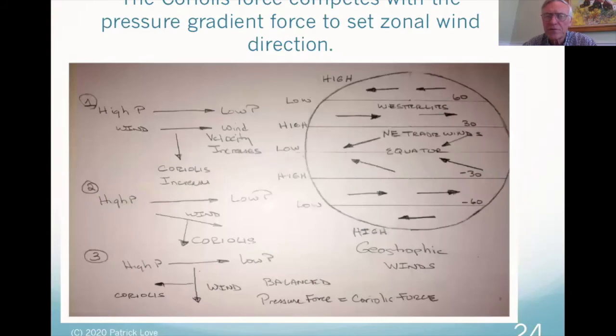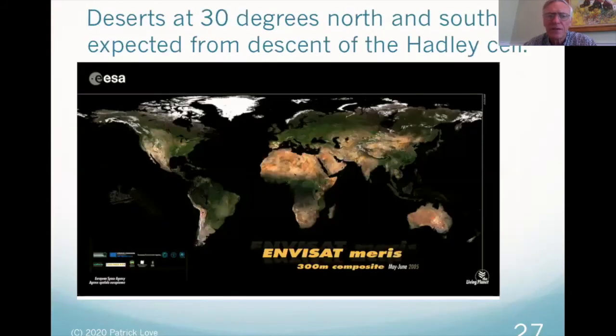So if we look for, here is a satellite picture of the Earth from the European Space Agency on a particularly clear and beautiful day. You'll notice that at 30 degrees north, we have a band of deserts going across the picture.